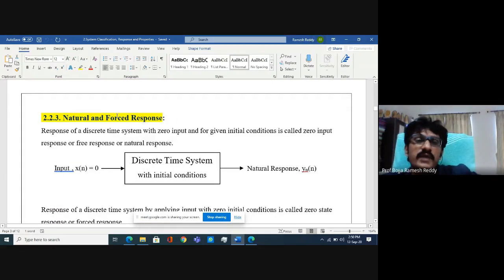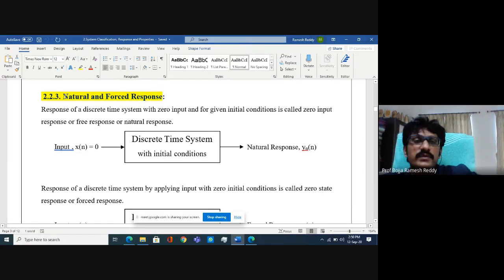Another one is natural response and forced response. This is another important concept. Frequently, we may get questions on the evaluation of natural response, forced response, or response of a system. What does natural response mean? If we know the system, take the input as 0. Don't give any input.